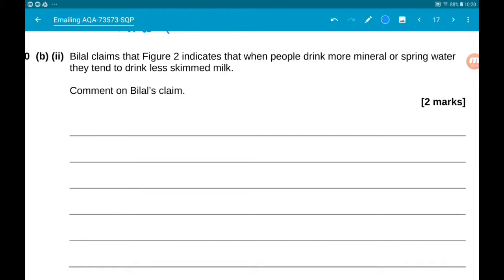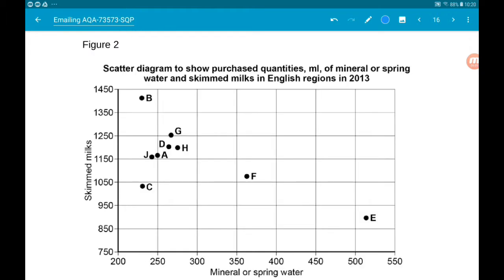Okay, B part 2. Bayal claims that figure 2 indicates that when people drink more mineral or spring water, they tend to drink less skimmed milk. Comment on Bayal's claim. So, back to figure 2 we go.